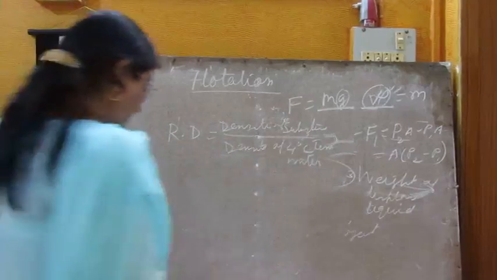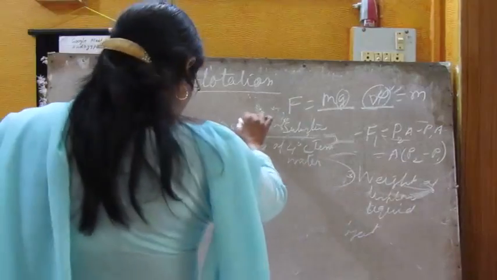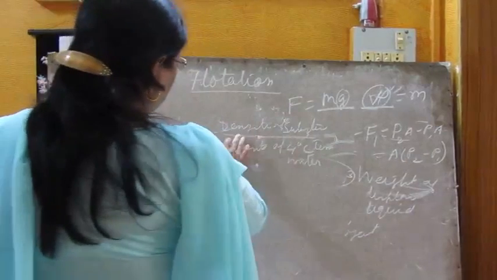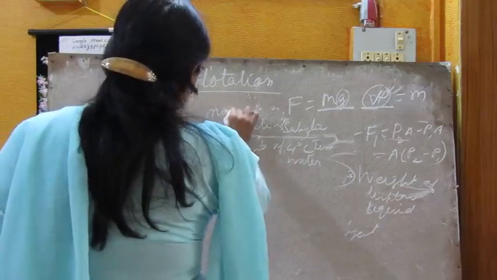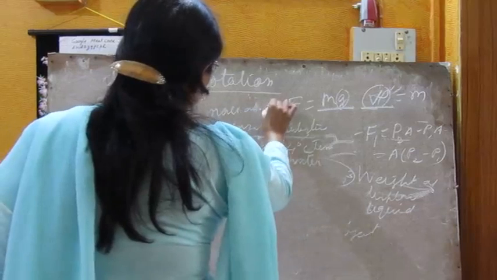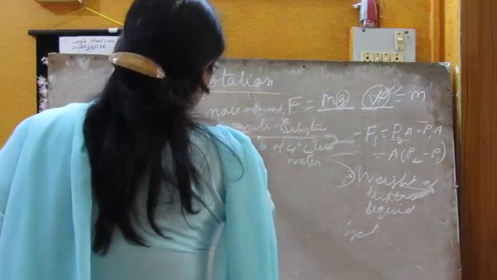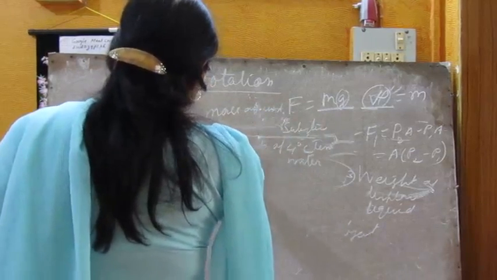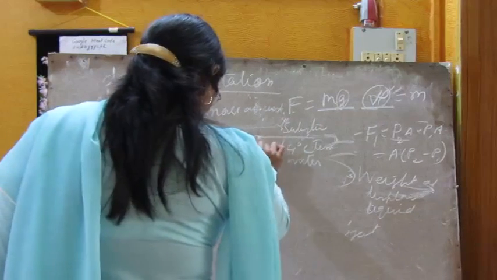You can also write this as mass of unit volume of substance divided by mass of unit volume of water.